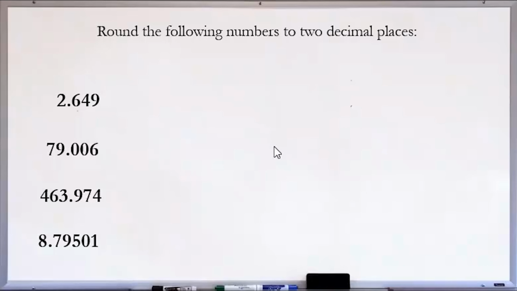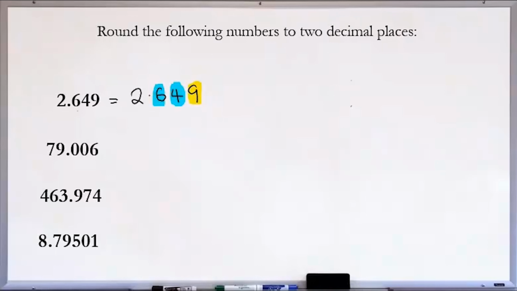Round the following numbers to two decimal places. Okay, that means after the decimal point, we want two numbers. So we have 2.649. That means we want this, we want a 6, we want the 4, but we don't want the 9. We don't want this.